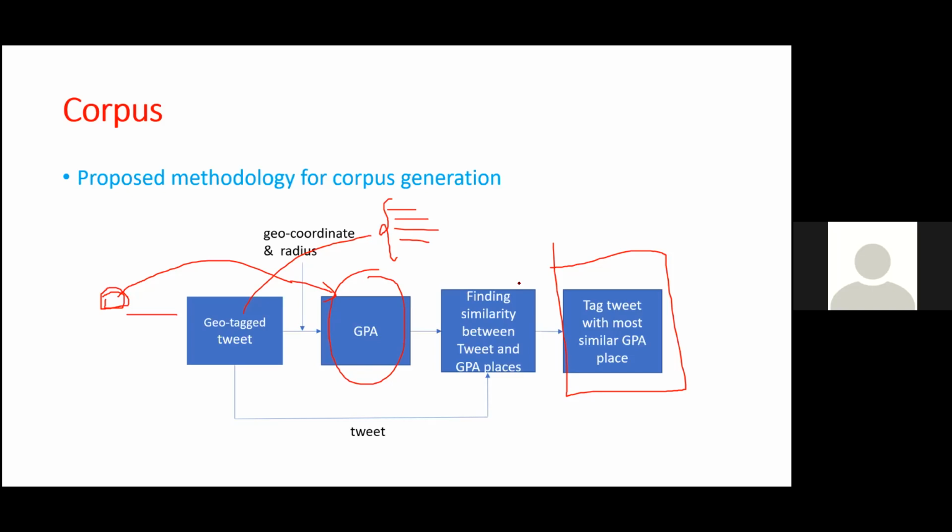For our purpose, we crawled some 14 million tweets. We extracted only those tweets which had geocoordinates.